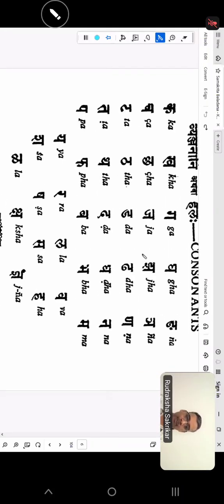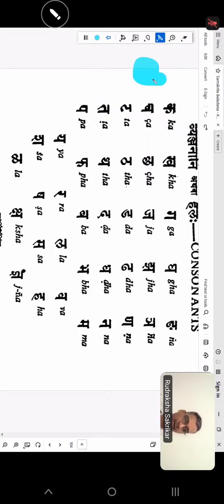Okay, so once again I will explain. The vertical line is basically there if we see the signs of all the vyanjanas. This is how k is written. My pen is actually a little bold, so I'll write it separately.